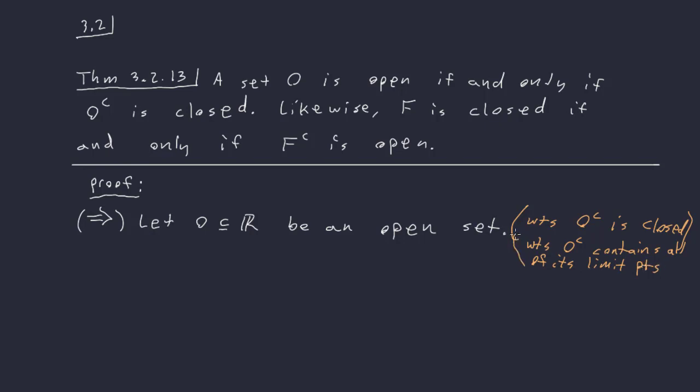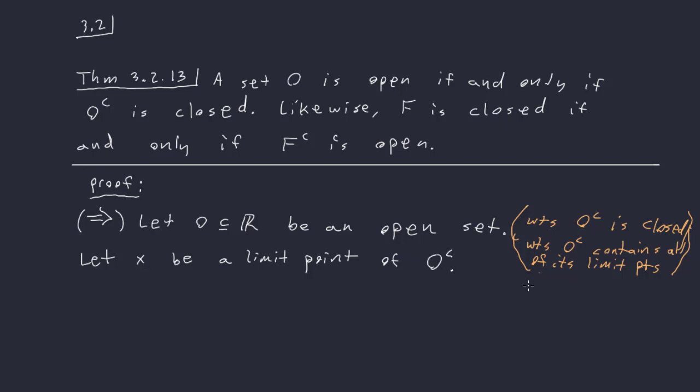Right, and to do that, we need to start with a limit point. So the next thing we need to do is we're going to let, of course, O be an open set, then let X be a limit point of O complement.